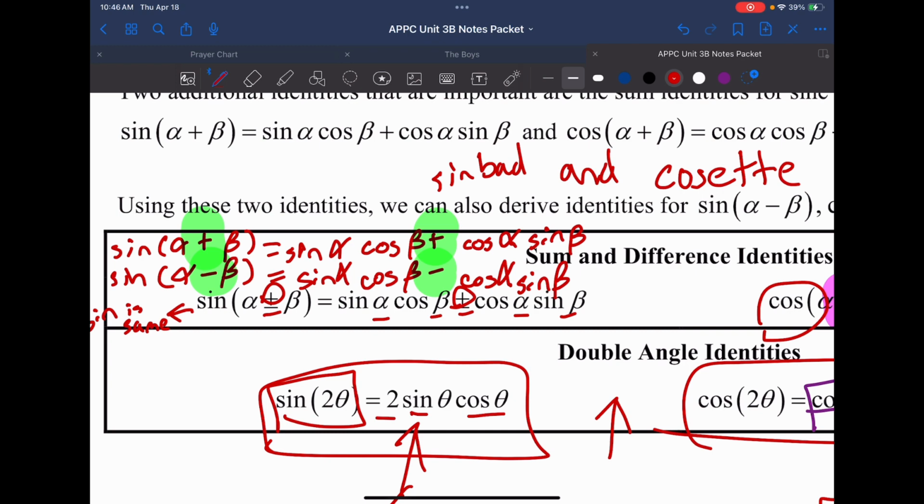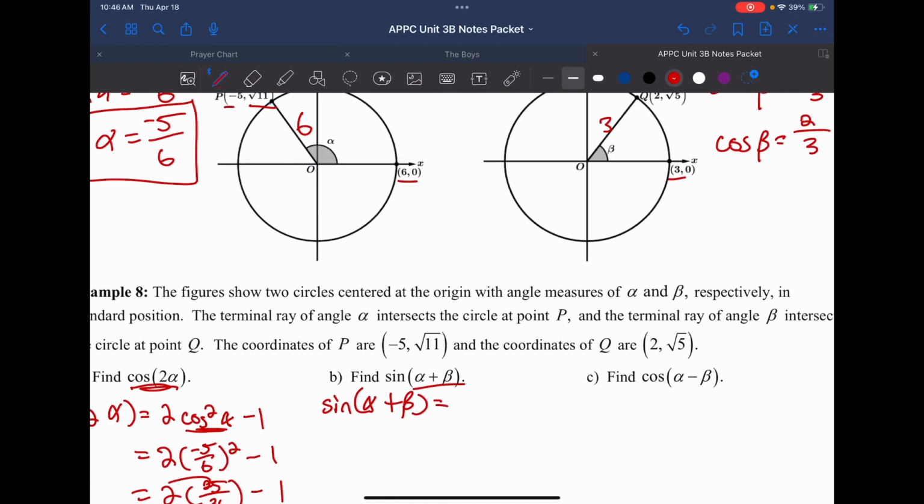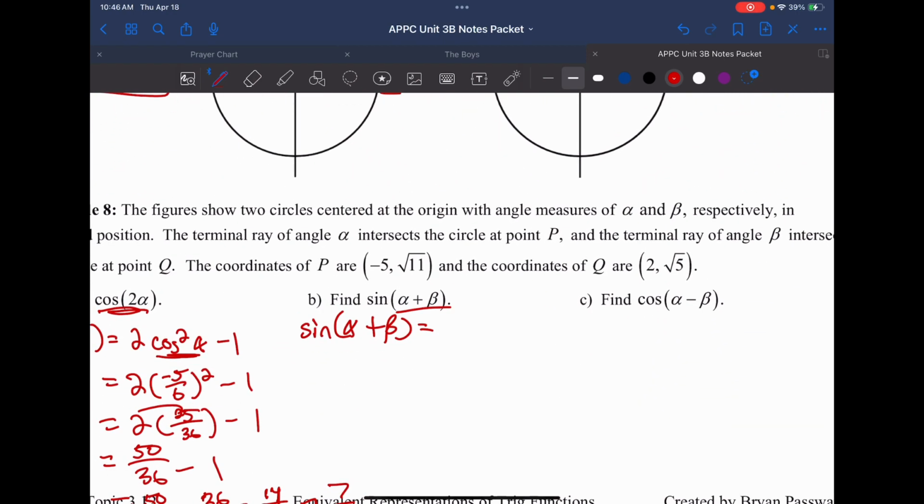It starts with sine alpha, cosine beta, then cosine alpha, sine beta. It always starts with the alpha. Alpha must start. Sine alpha, cosine beta plus cosine alpha, sine beta.